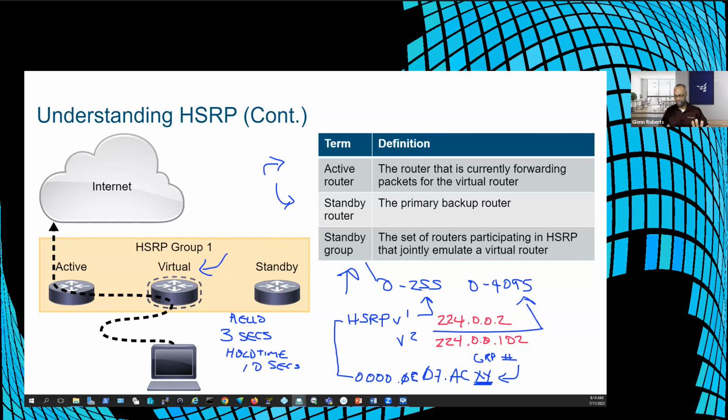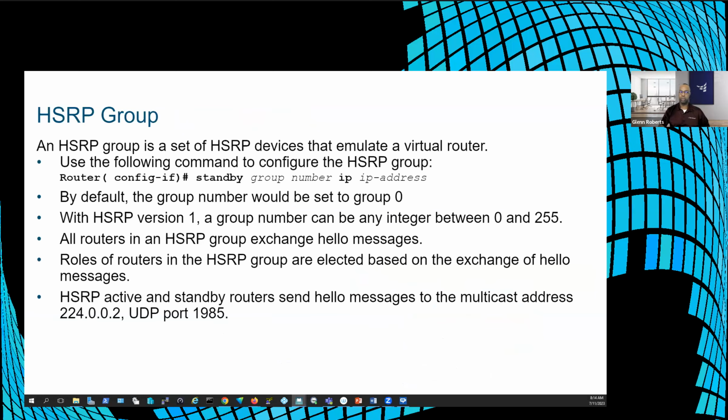Now, high level. The group, as I mentioned to you, you will pick an IP that you're going to use. At the top of the screen, you've got the command to configure. You'll have to go to the interface in question, and it's the standby command followed by whatever group number you want, and then IP, and then the IP address. Remember that IP address has to be on the same subnet as the interfaces of the physical devices.